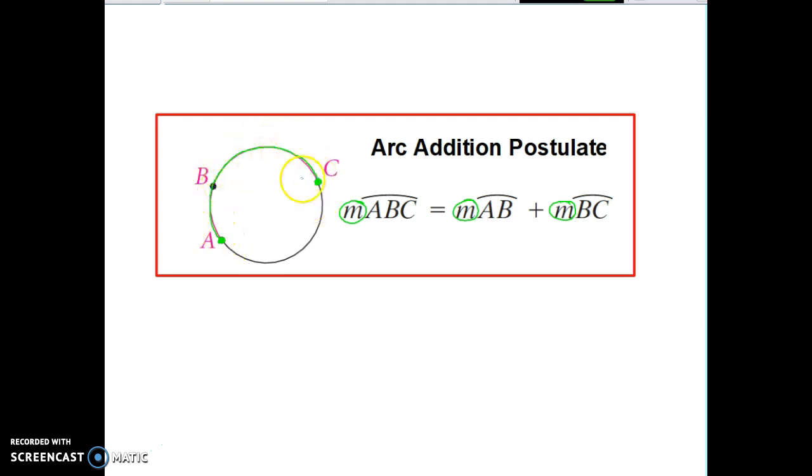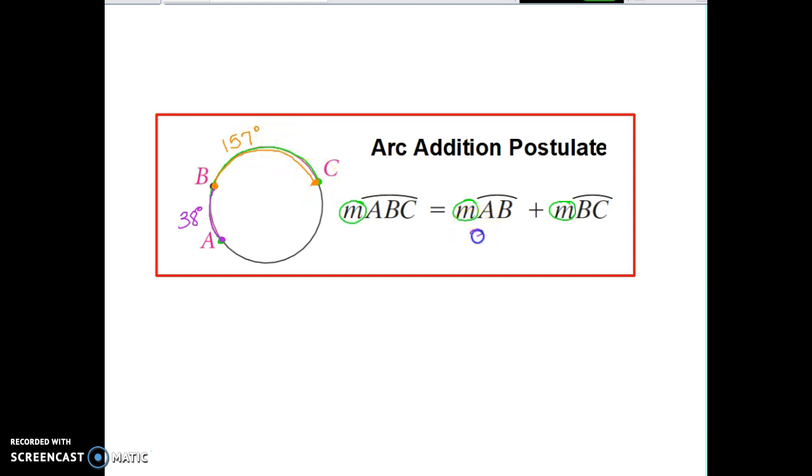Well, this arc ABC is made up of two smaller arcs. It's made up of arc AB, which is this arc right here, and it's made up of the arc BC, which is this arc right here. So if we knew that arc AB was 38 degrees, and we know that arc BC is 157 degrees, all we would have to do to find the measure of this total arc ABC is to take these two arcs and add them together.